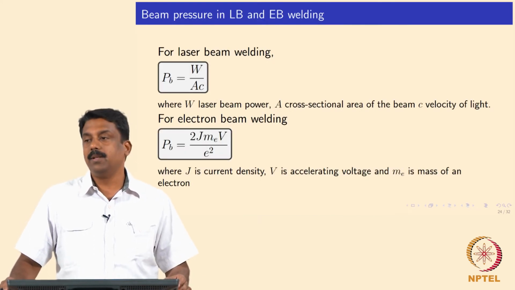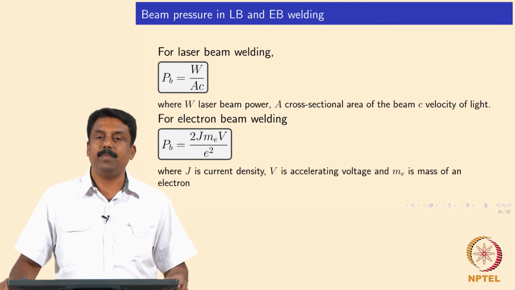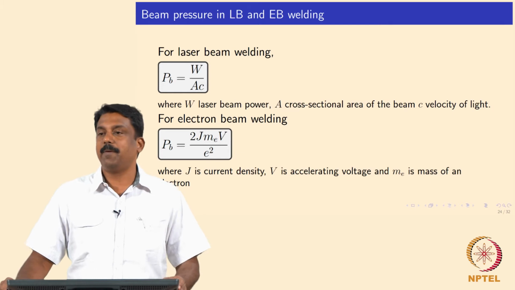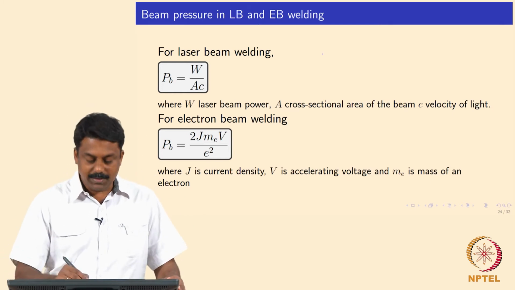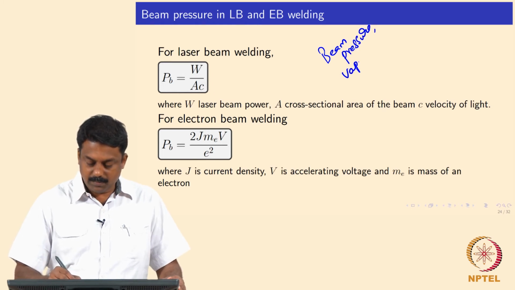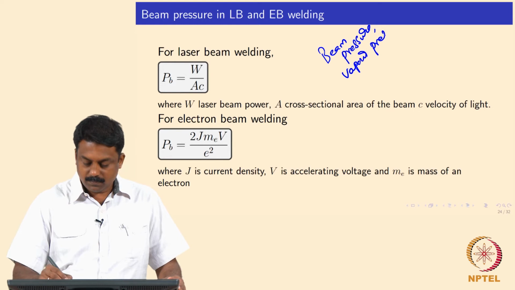So, the keyhole formation is again the same as in laser beam welding, right. What are the 3 forces that aid keyhole formation? The beam pressure, vapor pressure, and then recoil pressure.